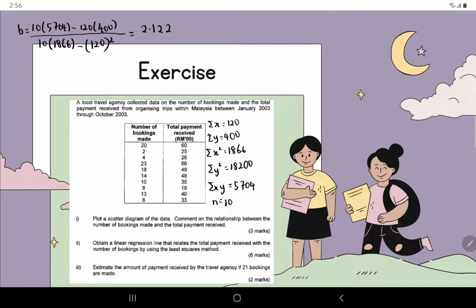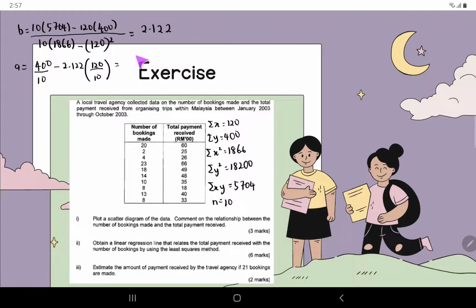Okay, and then kita nak cari value of a. Okay, the formula is total of y divided by n, minus b times total of x divided by n.